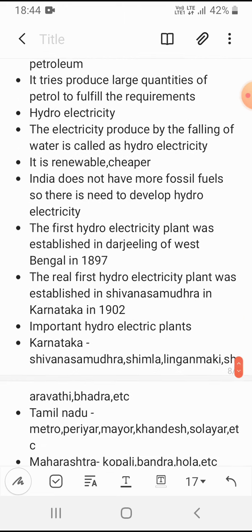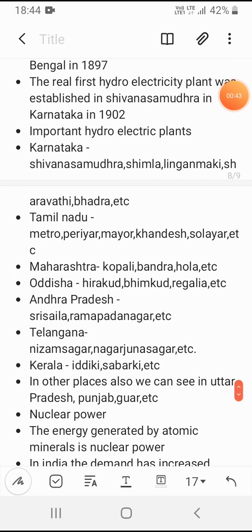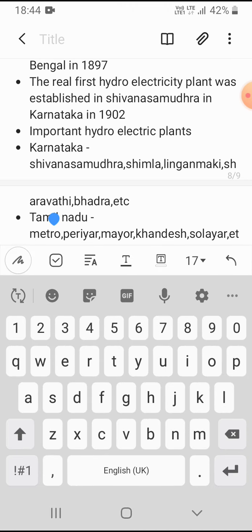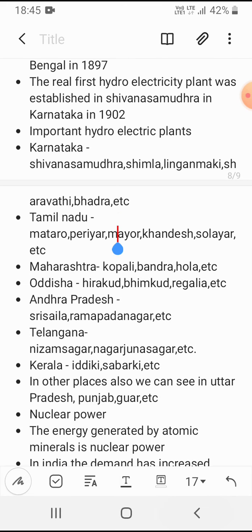So let's know about important hydroelectricity plants. In Karnataka we can see Shivanasamudra, Shimsha, Linganamakki, Sharavati, Bhadra, and other hydroelectric power stations. In Tamil Nadu we can see Mettur, Periyar, Kundah, and other places.